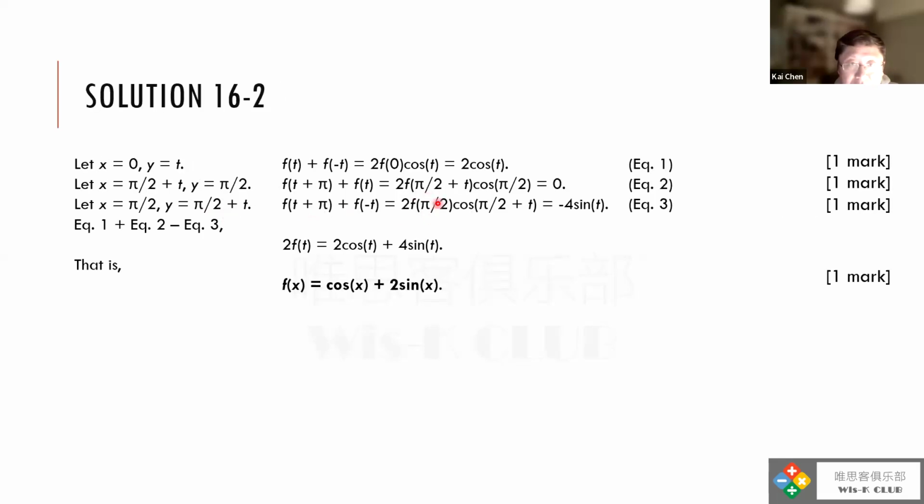So this one is known. This one is also known because, independent of t, cosine of half pi is 0. So then on the right, you have all constant or known values. On the left, you also have a system of three equations with three variables.